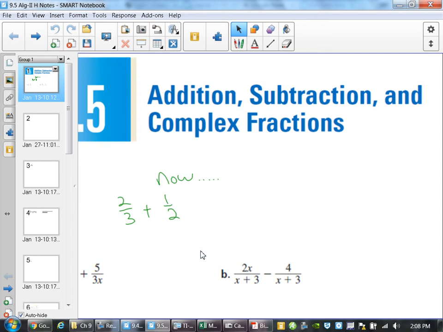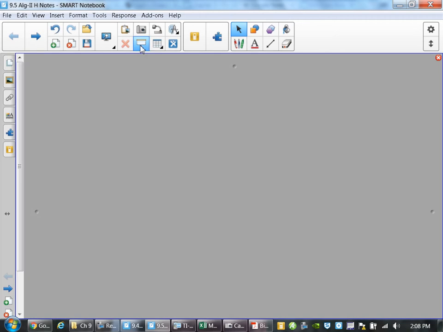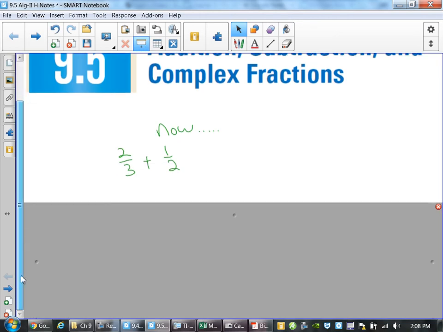So, for example, what did you have to do here if you had to add a fraction? Get a common denominator. Now, a lot of times when you get common denominators, the easiest thing to do is just to multiply the two numbers together. What's the common denominator between the 2 and a 3? 6. Thank you.